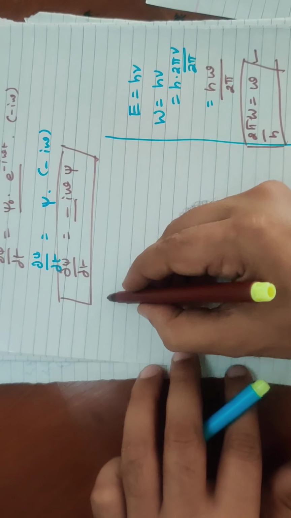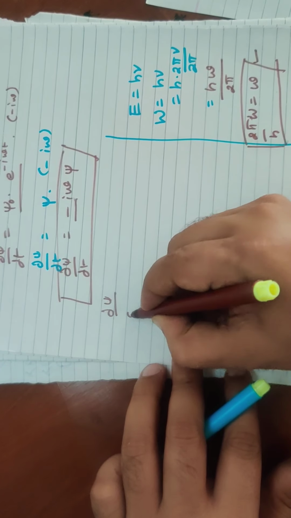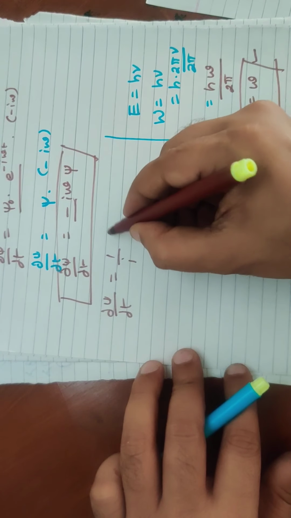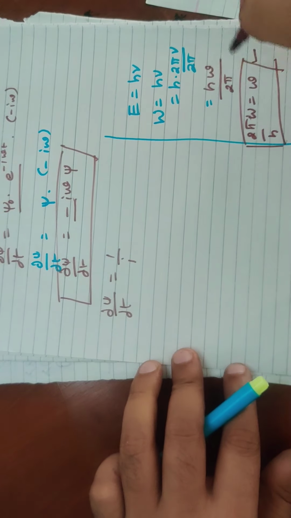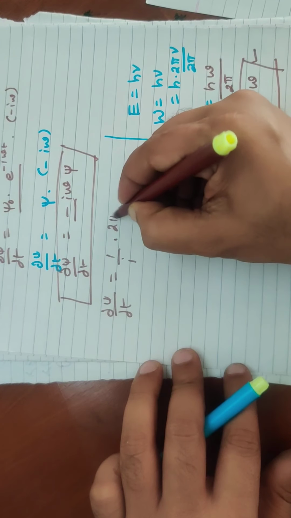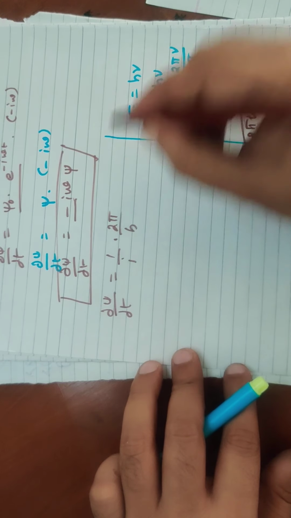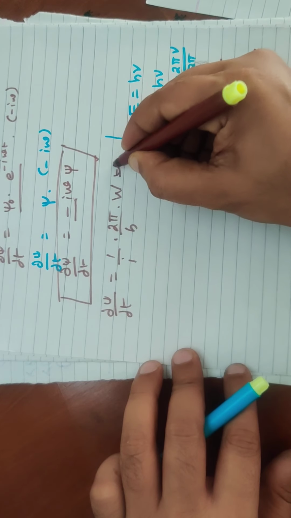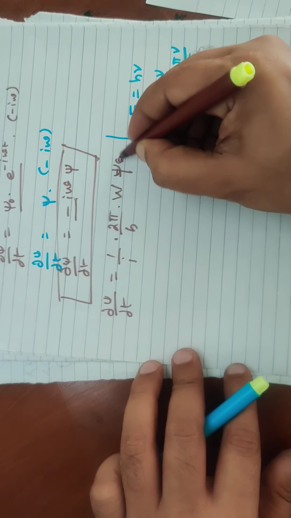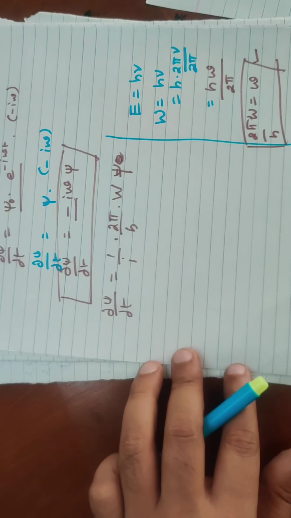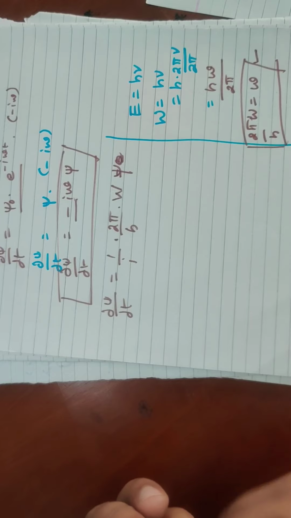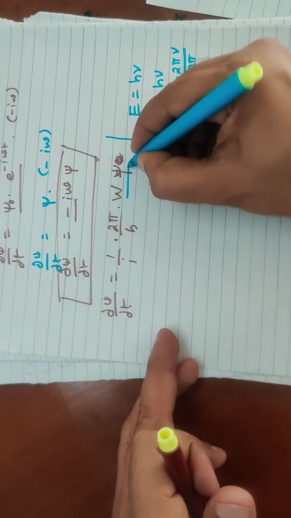So what we do, we substitute both the values in this equation. We get dou psi upon dou t equal to, minus i can be written as 1 by i, omega is nothing but 2 pi upon h into W, into psi. Now I will find out what W into psi is.